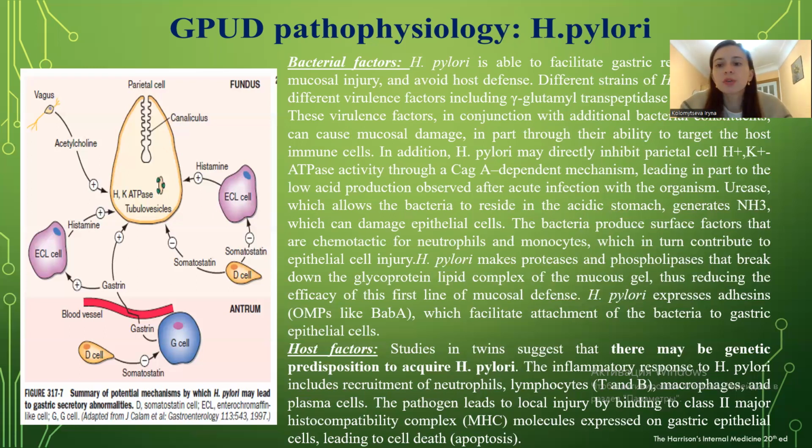The inflammatory response to Helicobacter pylori includes neutrophils, T and B lymphocytes, macrophages, and plasma cells. The pathogen leads to local injury by binding to class 2 histocompatibility complex molecules expressed on gastric epithelial cells, leading to cell death.